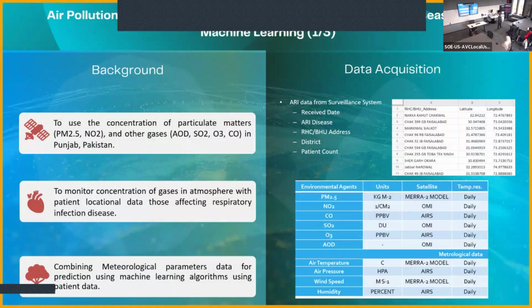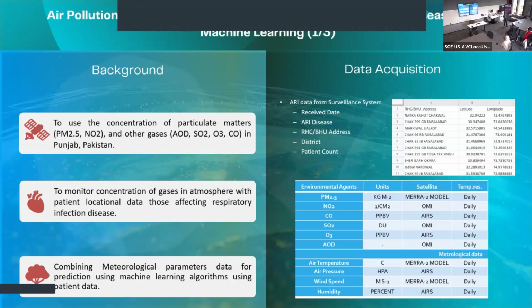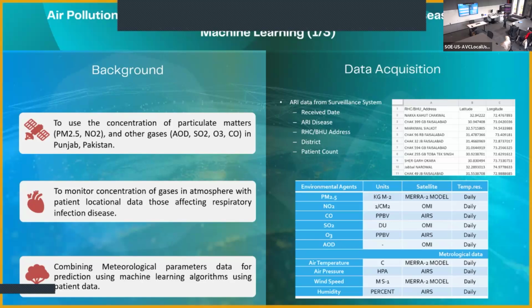So it was quite difficult to understand the problem, from where we have more PM 2.5, which causes lung cancer, and different types of patients were affected. So we collected this data from the hospitals, the number of patients, and we mapped those patients' data on their actual locations.